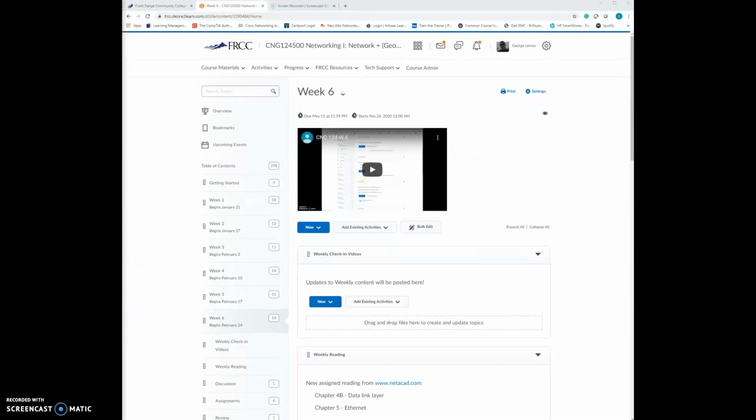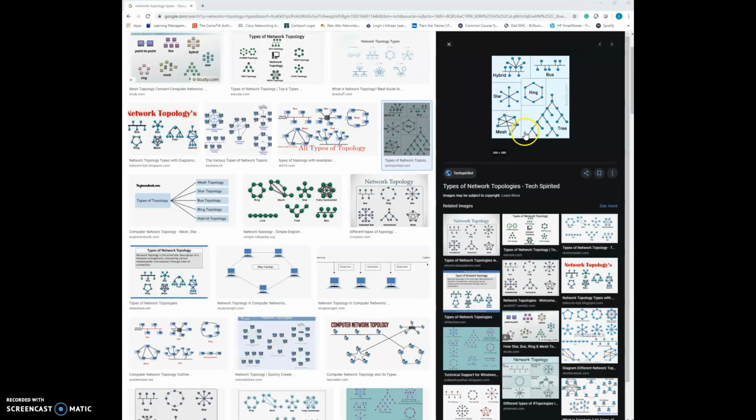PAN, LAN, WLAN, CAN, topology types. These are the topology types: ring, mesh, tree, bus, hybrid, star.